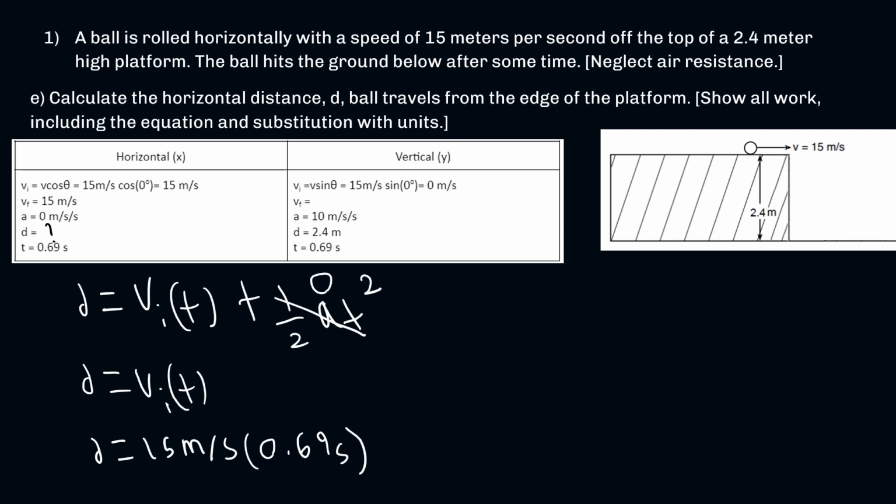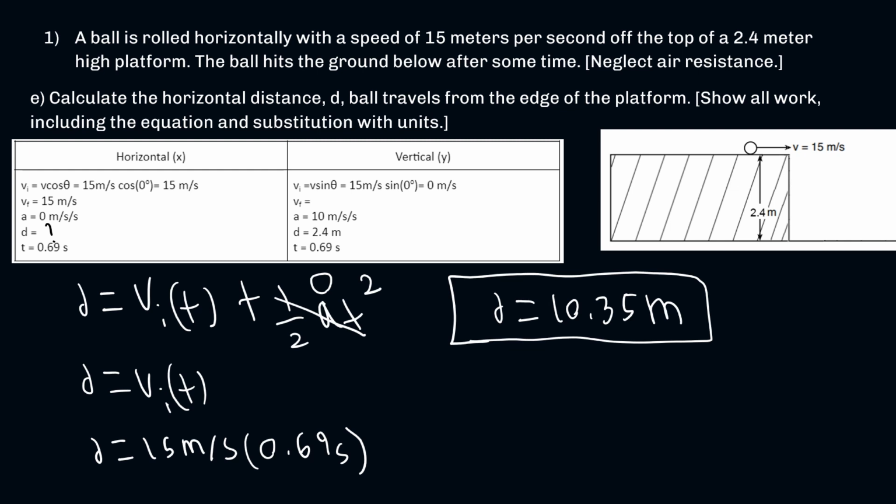When you plug this into the calculator, you're going to end up with a horizontal distance d of 10.35 meters. So that's going to be my final answer. And I've essentially finished the puzzle in the horizontal portion of the kinematics charts.